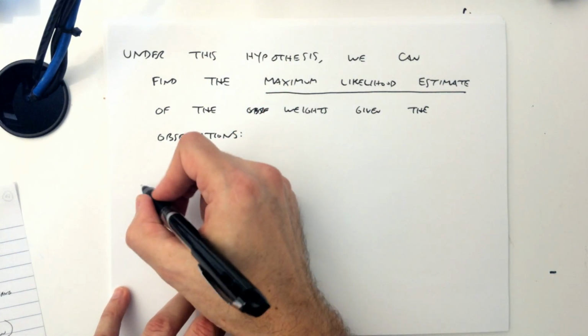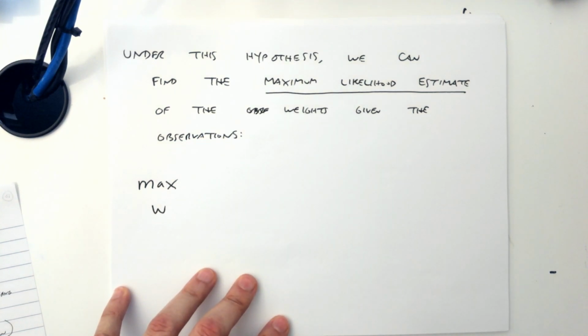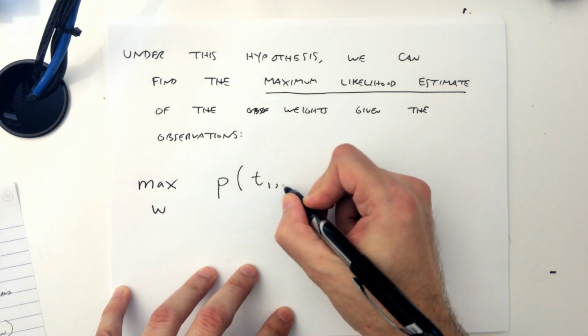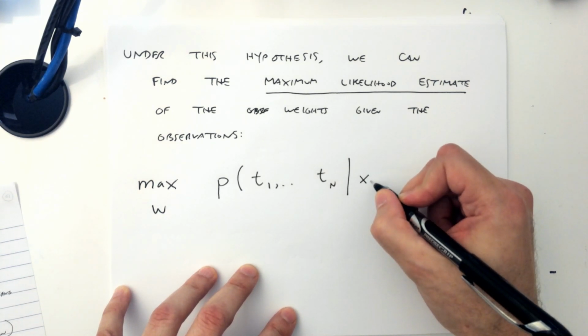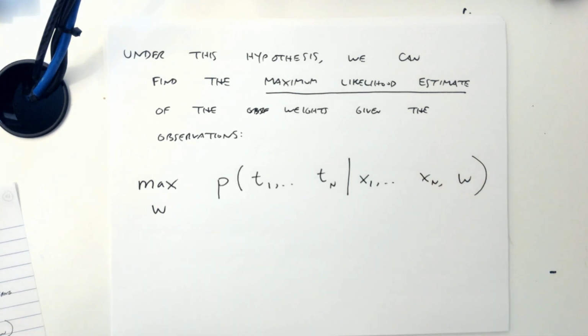Right? That's like saying I want to maximize over the possible weights the probability of seeing the observations given the underlying inputs and the weights that I'm trying to figure out. So this is like saying, I want to find the W's that maximize this probability, okay?